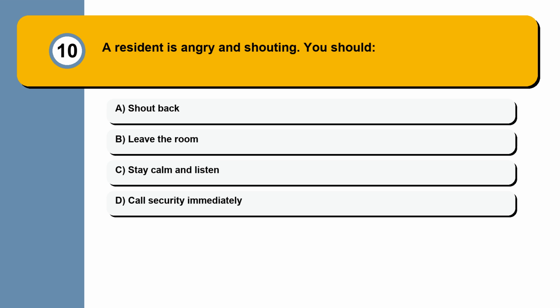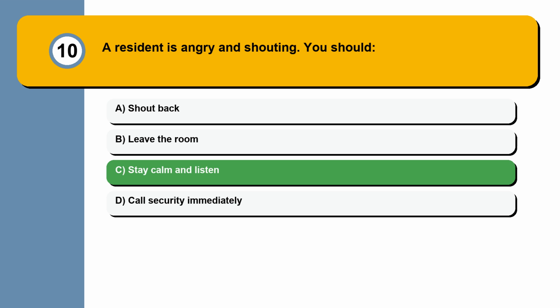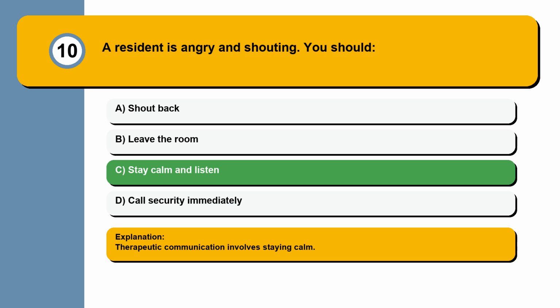Question 10. A resident is angry and shouting. You should shout back. Leave the room. Stay calm and listen. Call security immediately. Therapeutic communication involves staying calm.